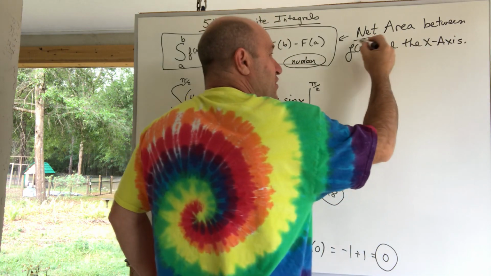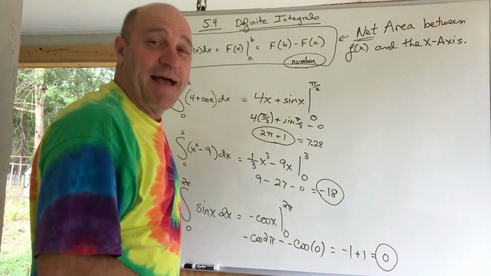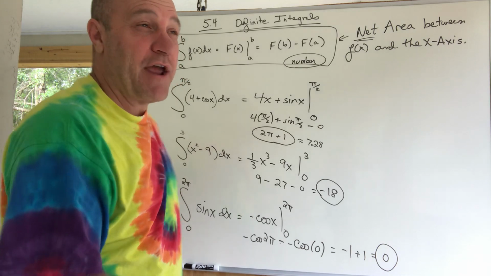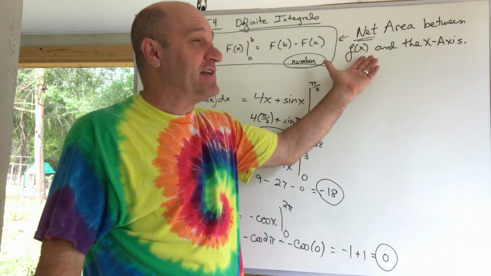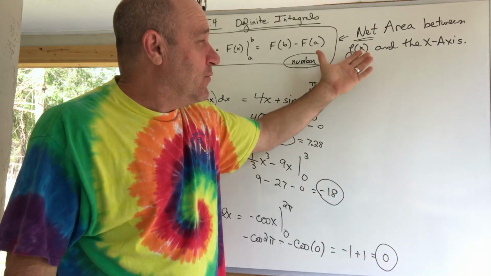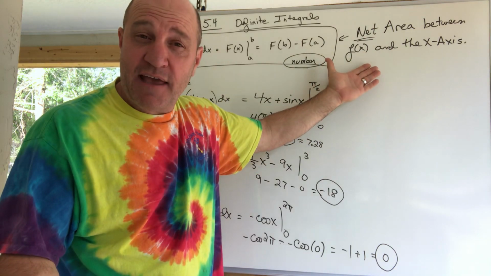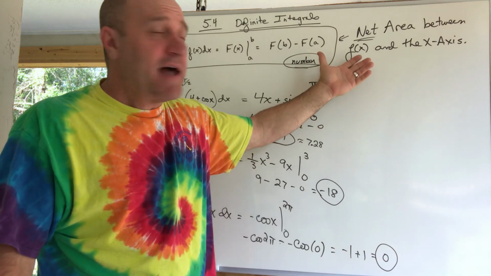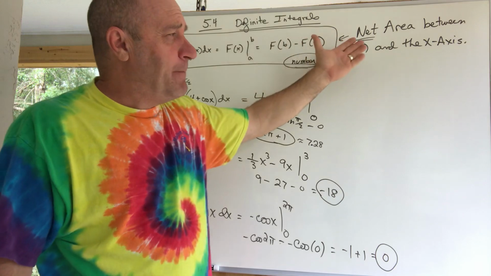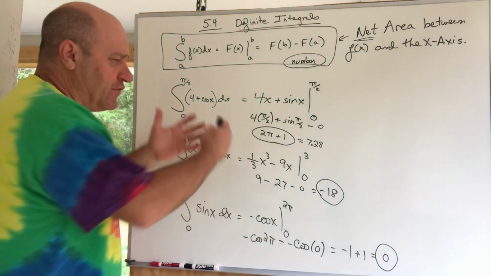But I'm using the word net area, so you have to keep in mind area below the x-axis is treated as a negative number, area above the x-axis is treated as a positive number, and it will add that all up, and we could get a net result that's negative. We could get a net result that's positive. This is just one interpretation of an integral. And again, you should just do the integral.